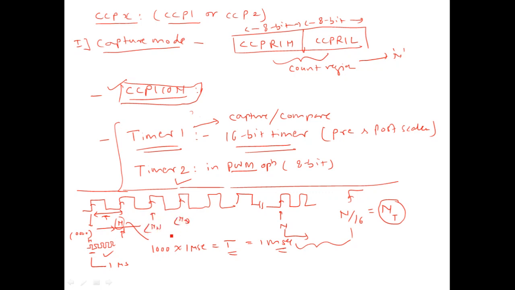Then you can obtain this time interval by taking the difference. n3 minus n2 will give you the count n, which is proportional to this time interval period, because your timer is an up counter. So that's how you can also determine the time interval.